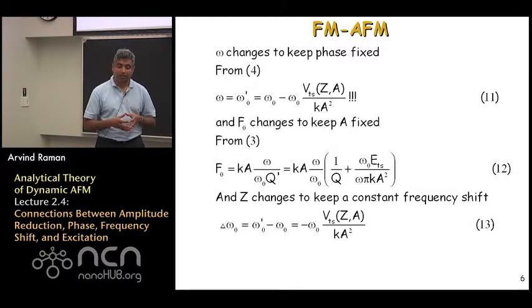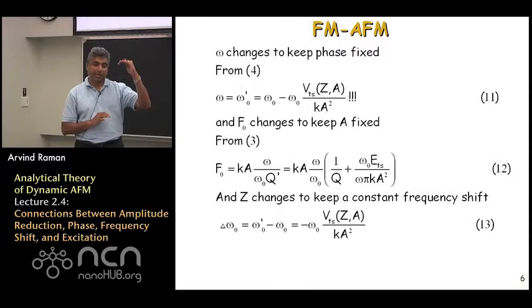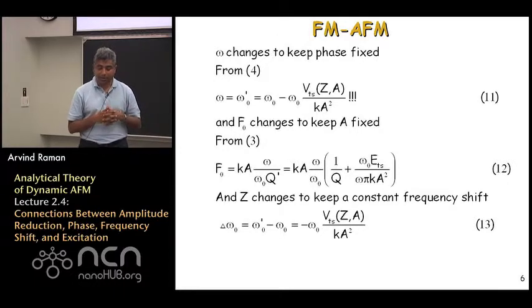Finally, in order to create a topography, what we do in FM-AFM is change the Z value so that the frequency shift, which is omega naught prime minus omega naught, remains constant. From the expressions we derived earlier, this frequency shift is given in terms of the virial VTS divided by K A squared.